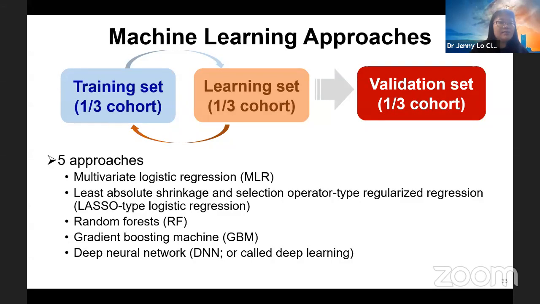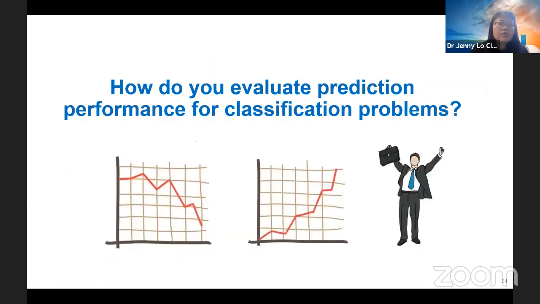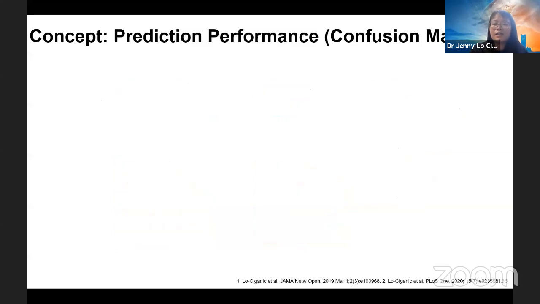Gradient boosting machine is also a tree-structured approach, but it differs from random forest. It improves the algorithm using very small trees, where each tree is based on the previous tree to improve the next tree's performance, so it is sequential. And deep learning is a neural network type of approach.